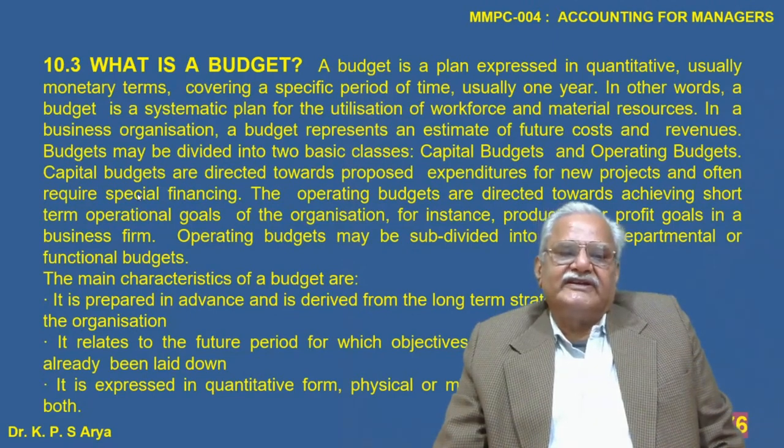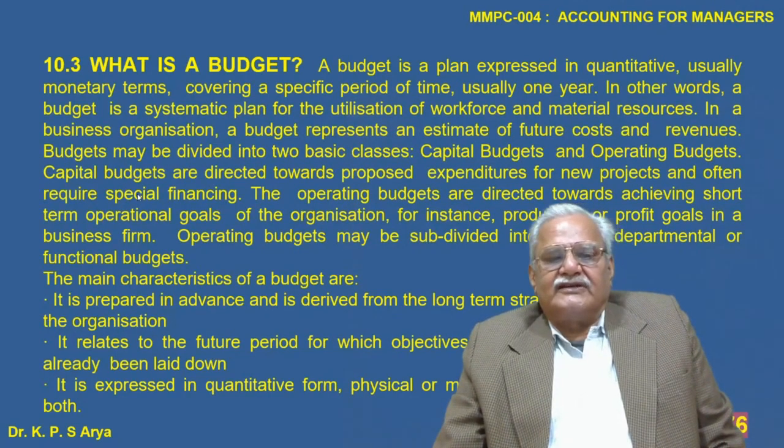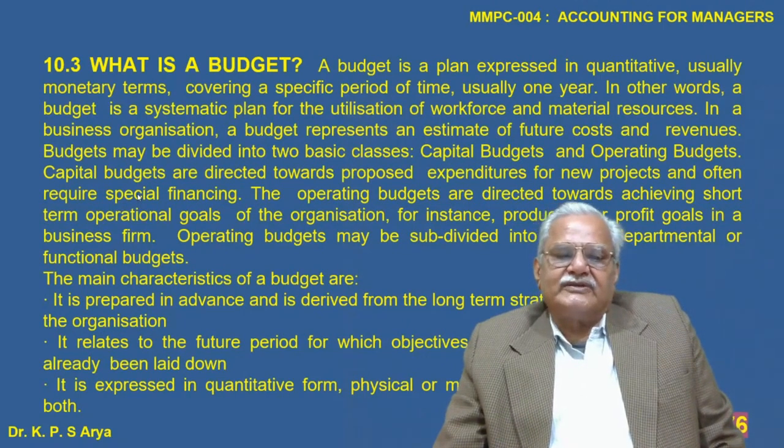Budgets may be divided into two basic classes, capital budgets and operating budgets. Capital budgets are directed towards proposed expenditure on new projects and often require special financing. Operating budgets are directed towards achieving short-term operational goals of the organization, for instance, production or profit goals in a business firm. Operating budgets may be subdivided into various departments.